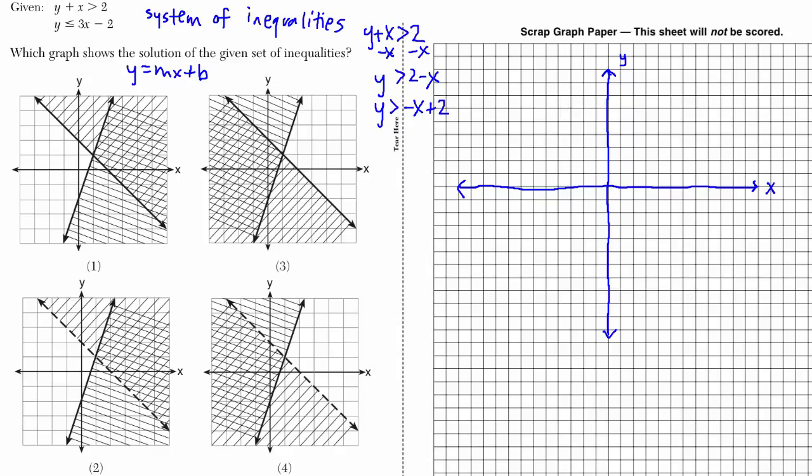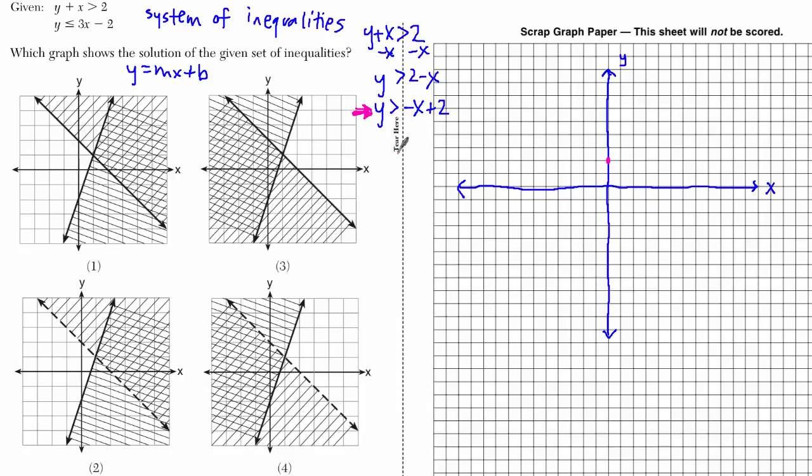Okay, so we're going to graph this inequality here. And I'll do this one in pink. So we know that the y-intercept is positive 2. So we'll go up to 2 and put our point. And the slope of this, what we think of as the boundary line, will be negative 1, or negative 1x.